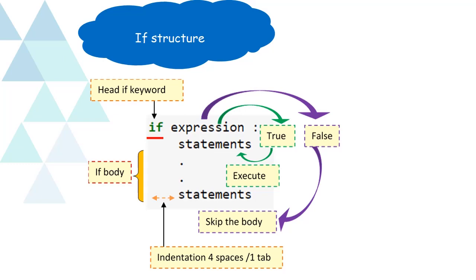To define the if block, other statements will be written by adding 4 spaces or 1 tab from the if statement. Addition of such spaces to create a block is called indentation. This indentation is a special feature of Python which defines when the if block starts and when the if block ends.